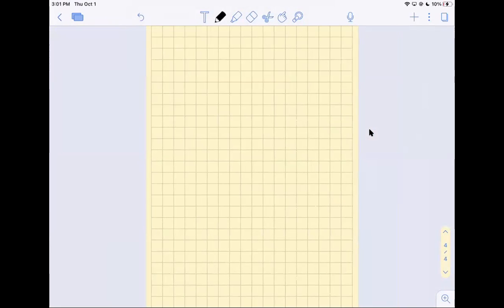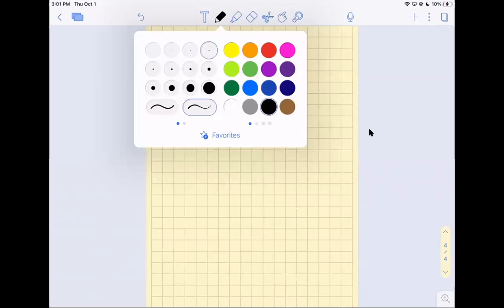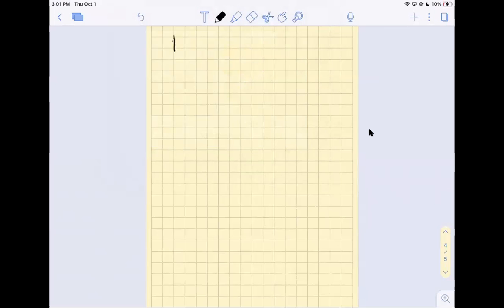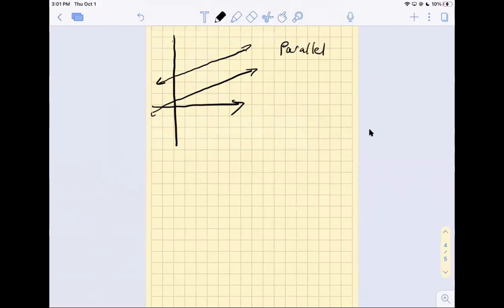now let me go back to normal size. If you have two lines that are parallel, let's say something like this, then by definition, they never cross.